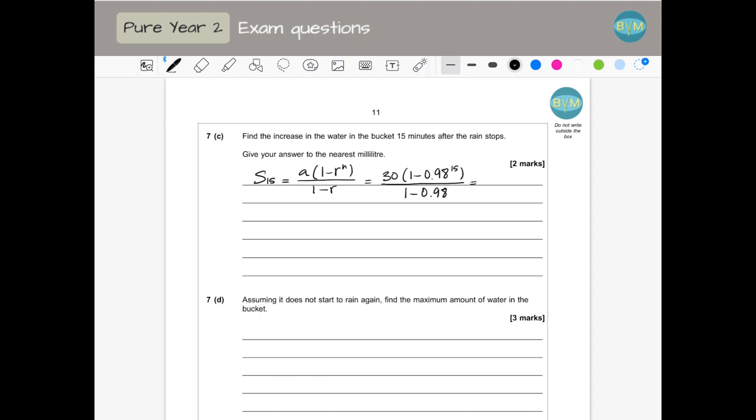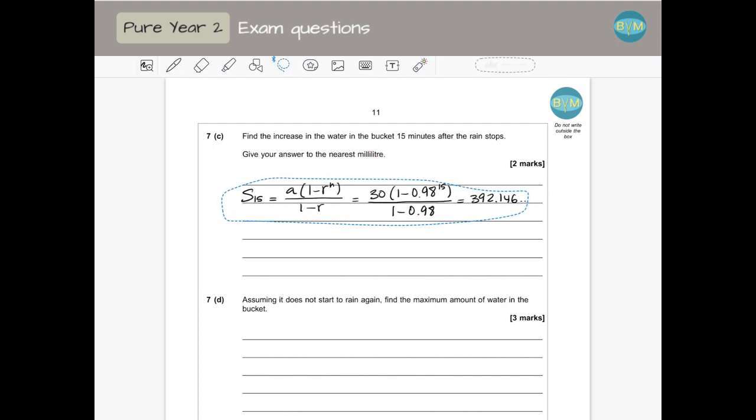You just do this with the calculator, and you have that the sum of 15 values is 392.1646. They say give your answer to the nearest milliliter. So S15 to the nearest milliliter is going to be 392 milliliters.